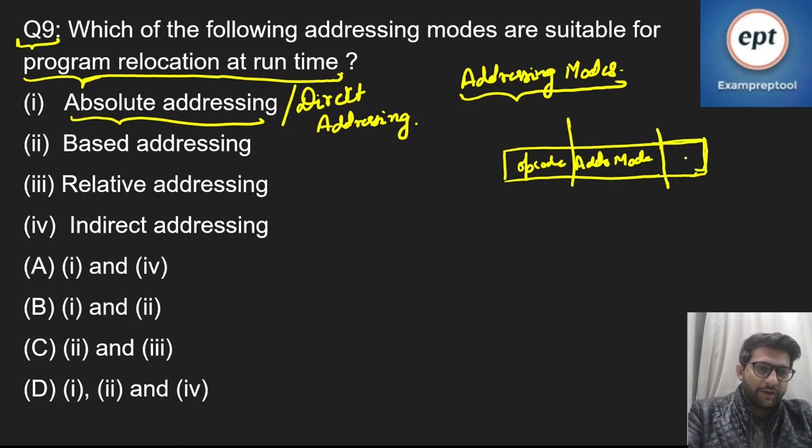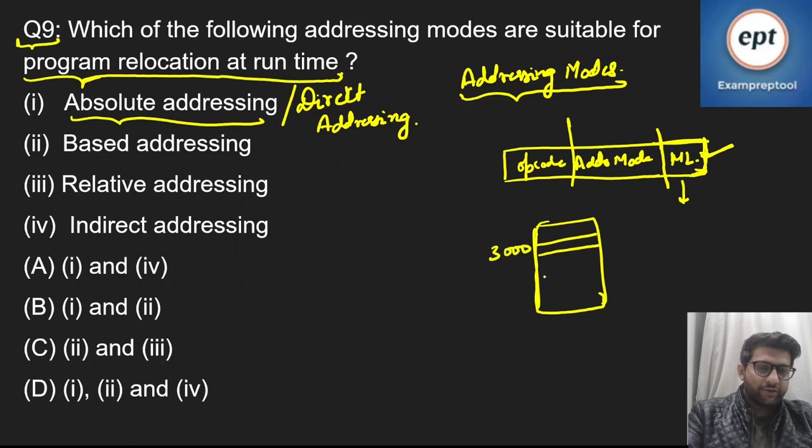The location will be the memory location where the operand is stored. Let's say this instruction is stored at memory location 3000, and the operand is stored at memory location 6000.